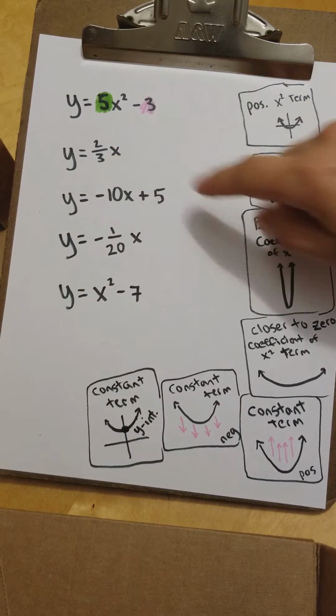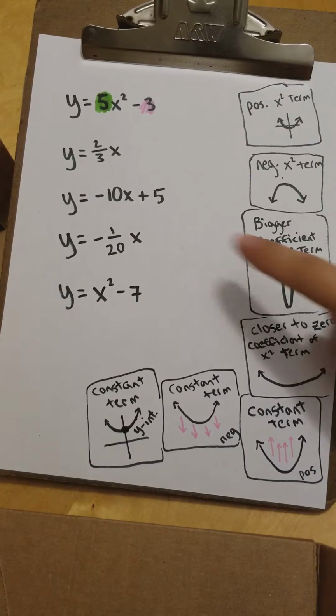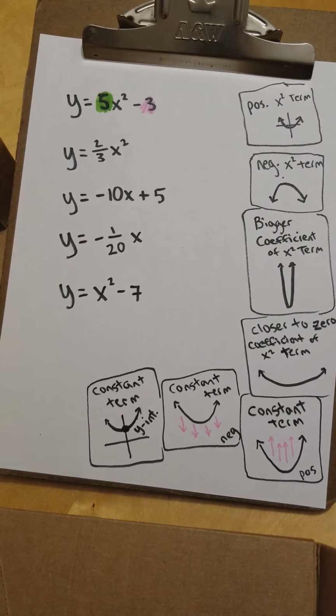The coefficient is 2/3, that's less than 1, so it's going to get a little bit wider than the parent function. And it's a positive coefficient of x squared, not x. That was not even a quadratic. Let me fix the rest of them too. Much better.